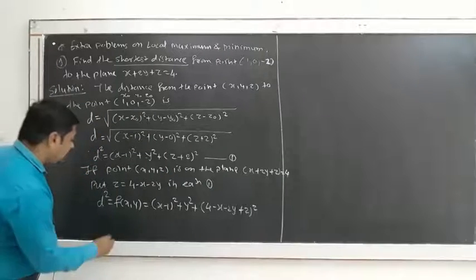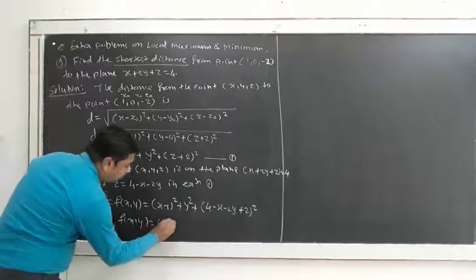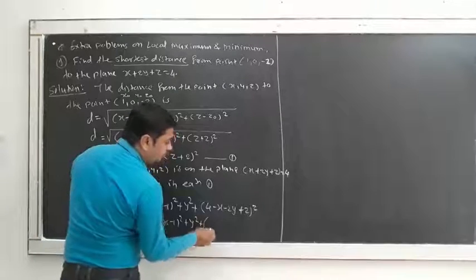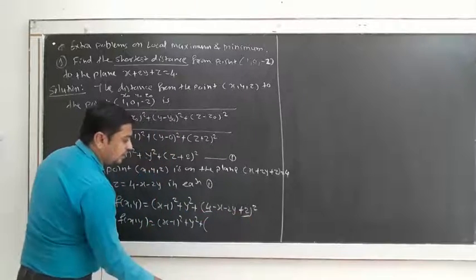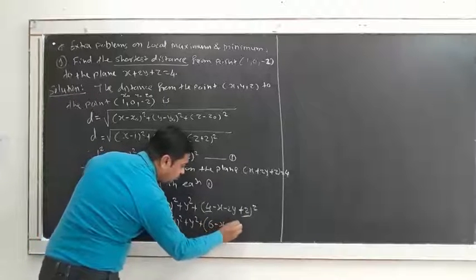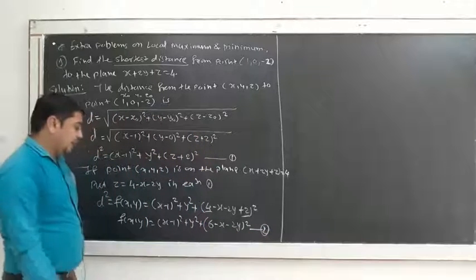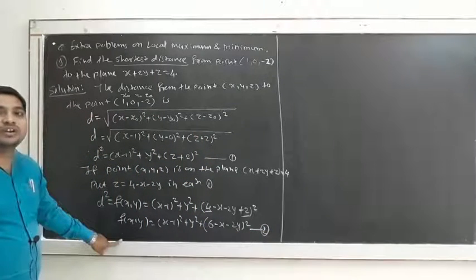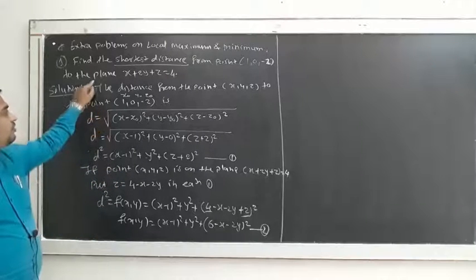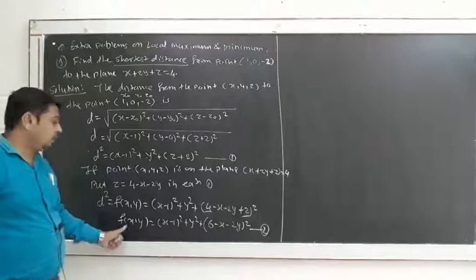So we can write our f(x, y) = (x - 1) square plus y square plus (6 - x - 2y) square. Say this is equation number 2. It was a function of 3 variables, but for this we have been given a point, so now this function is of 2 variables.